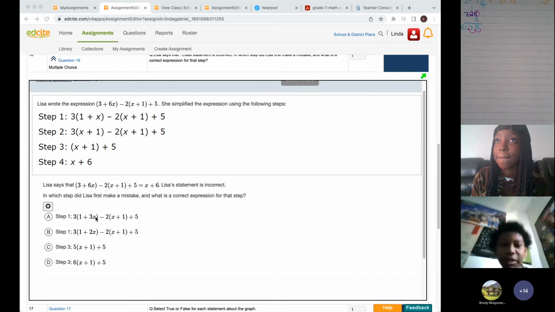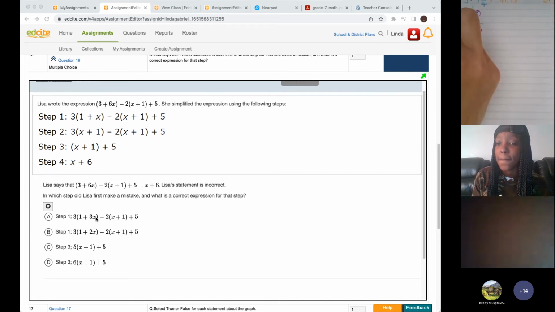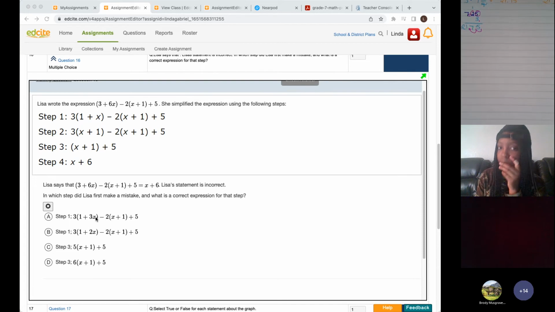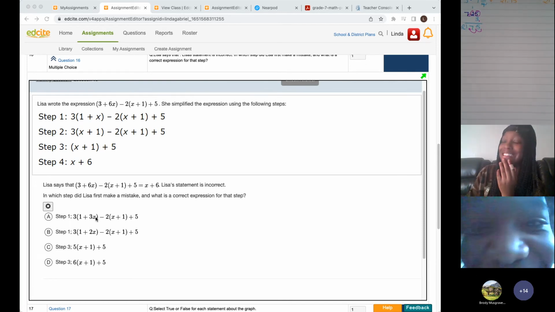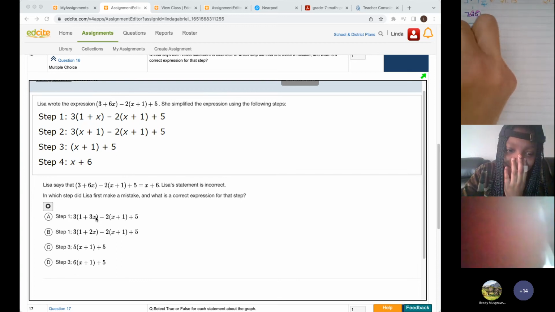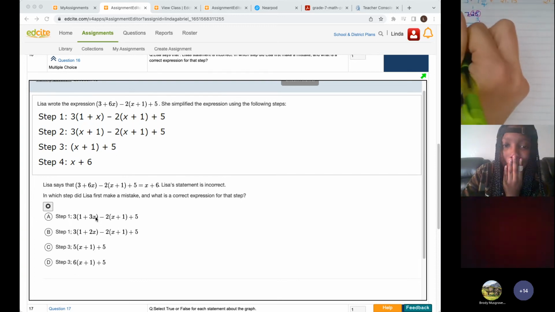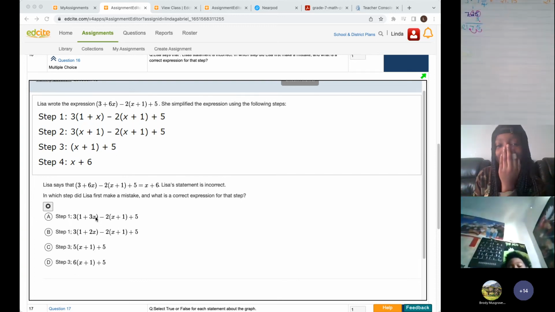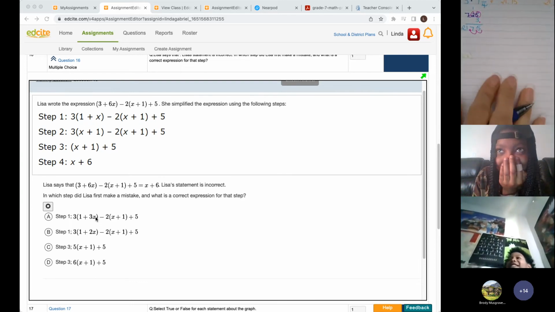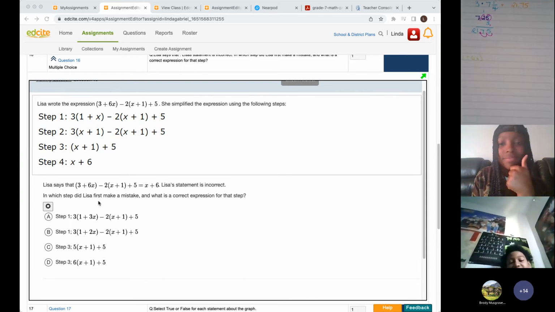There we go. I'm going to go ahead and start number 15. Let's see, I'm going to write out the expression here. So 3 plus 6x. You guys see that lighter green? Or is that hard to see? Hard to see. Okay.